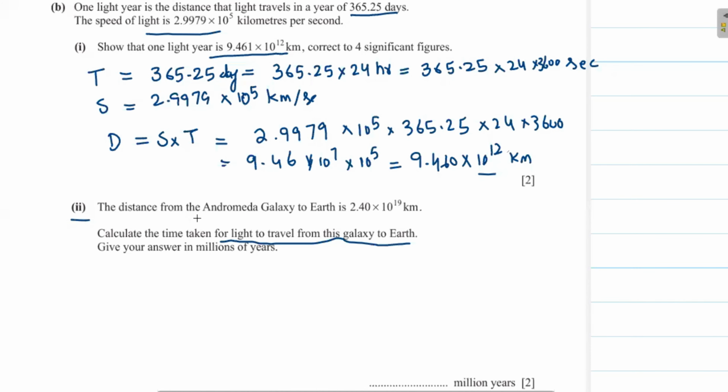Part second, the distance from the Andromeda galaxy to Earth is 2.4 into 10 power 19 kilometer. Calculate the time taken for light to travel from this galaxy to Earth. Give your answer in millions of years. You see here the time is equal to distance divided by speed.